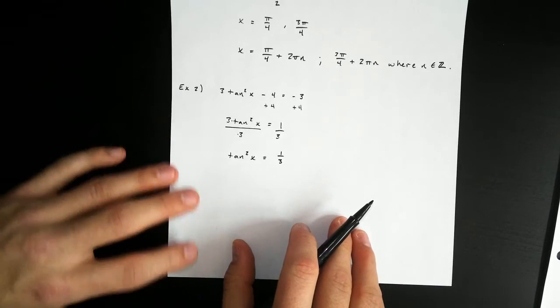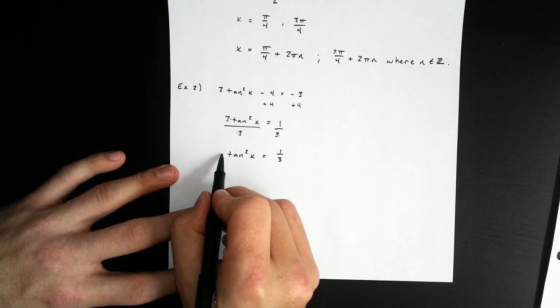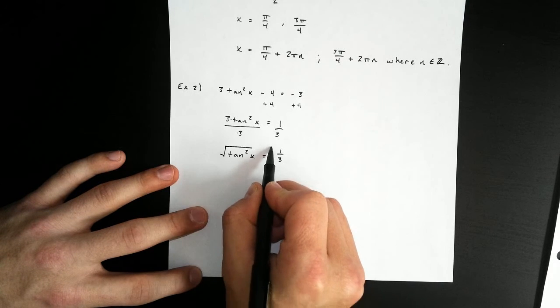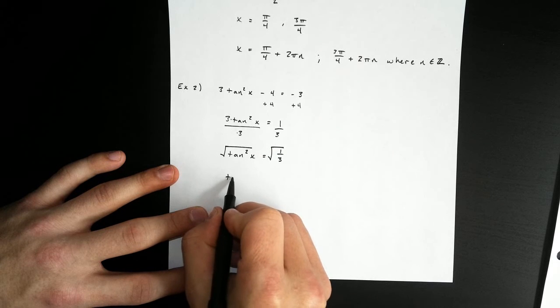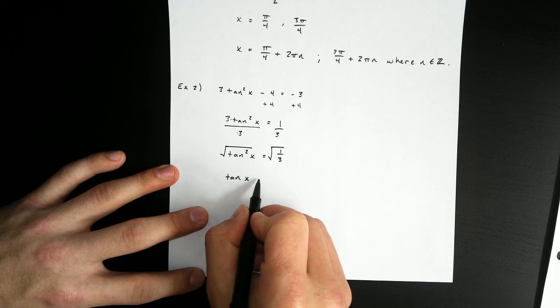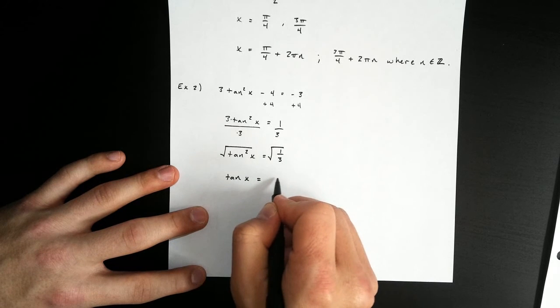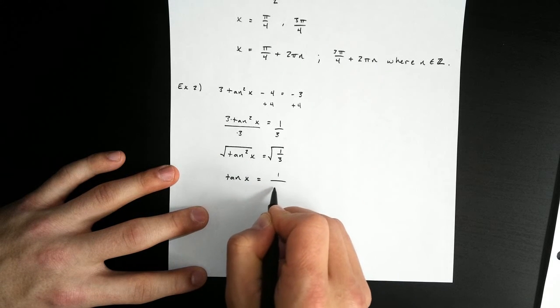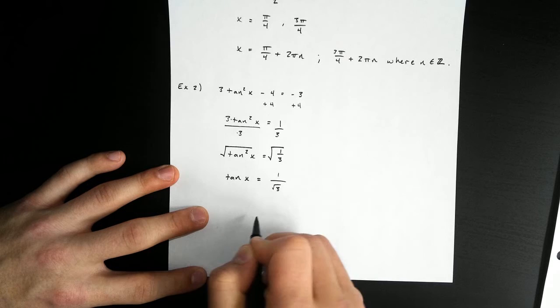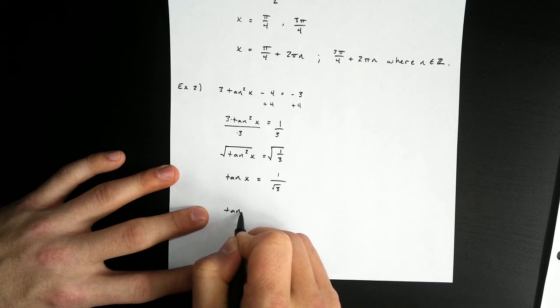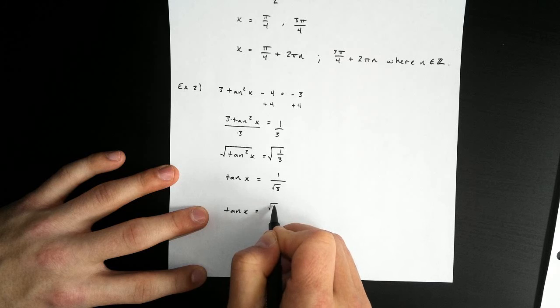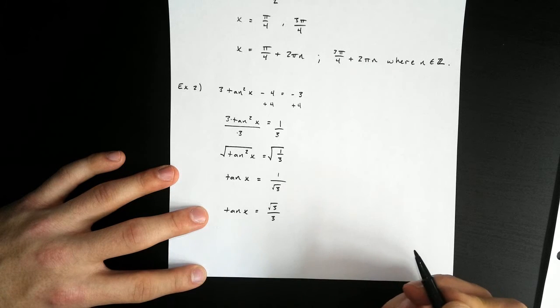I need that to be the tangent to the first, so we'll take the square root of both sides of our equation. So now we have the tangent of x is equal to 1 over the square root of 3, which if we rationalize that, we get the square root of 3 over 3.